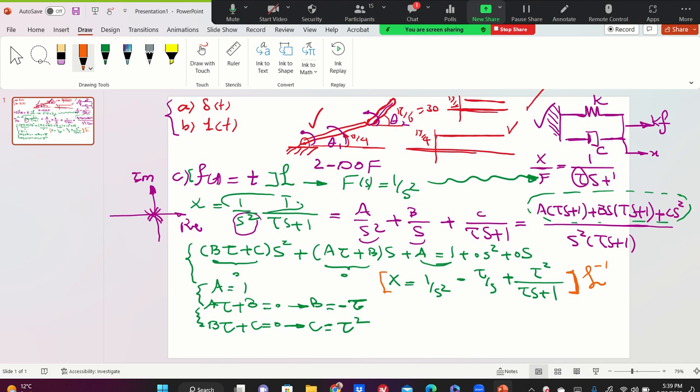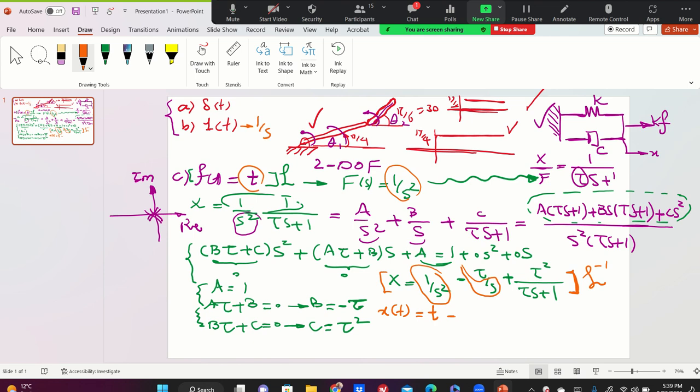Yes, here we go. So x of t is going to be the inverse of this, which I just told you is a ramp input, minus the inverse of this, which is a step input. That's right.